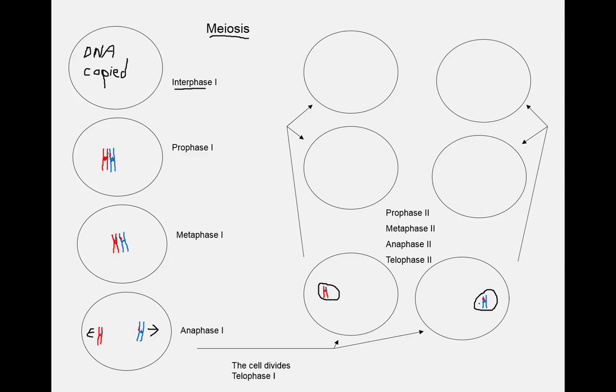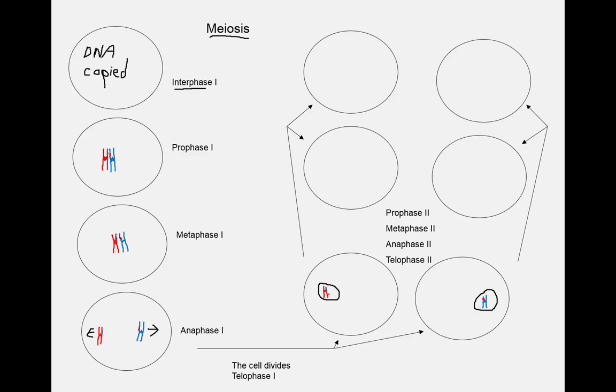And remember, it has a little red due to crossing over. But the basic idea is we do not have pairs anymore. Those pairs have been split, and we have cells now that have half of the DNA of the cell we began with. So we went from a diploid cell with pairs of chromosomes to haploid cells with one member of each pair of chromosomes. But what do we have in each of these cells still?